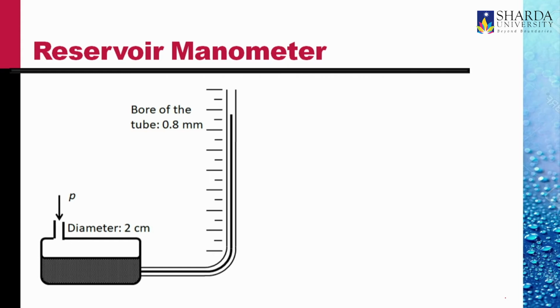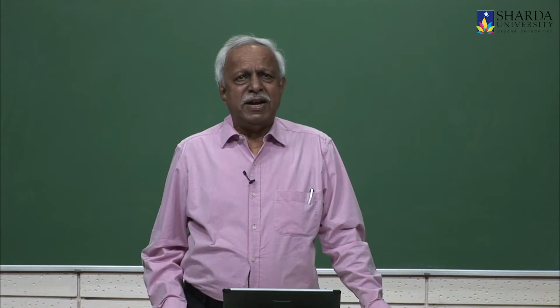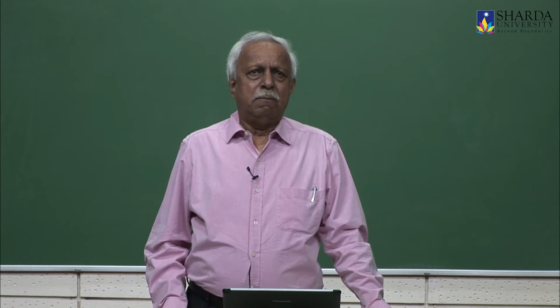Since the diameter of the capillary is very small, as the fluid level changes in the tube, the level within the reservoir does not vary significantly. And we can assume this is at a constant level. So by just measuring the height of the column on the scale provided, we can find out the pressure P.